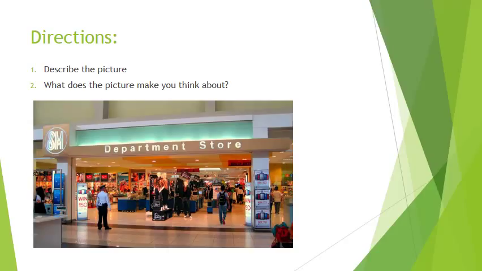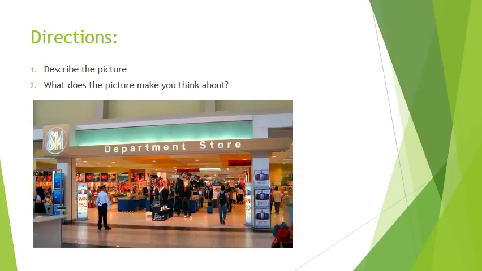The second thing is that it also makes me think about Christmas, because at Christmas we always have to do a lot of shopping for presents, and one of my favorite places to go is the department store. That would be an example of using a picture and thinking about what the picture makes me think about. So this is the activity.